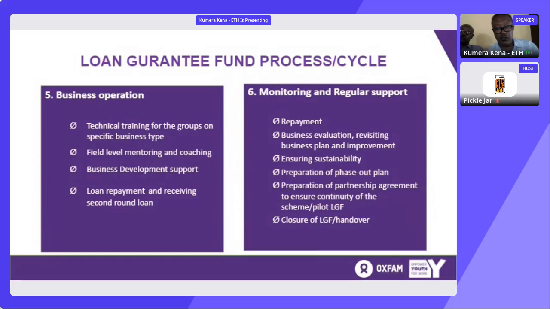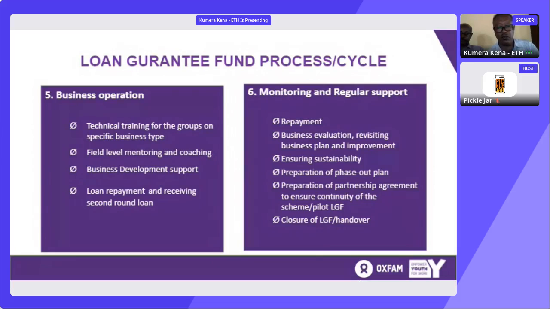This ensuring sustainability will have preparation of a phase-out plan, and the next activity will be preparation of a partnership agreement to ensure continuity of the scheme.